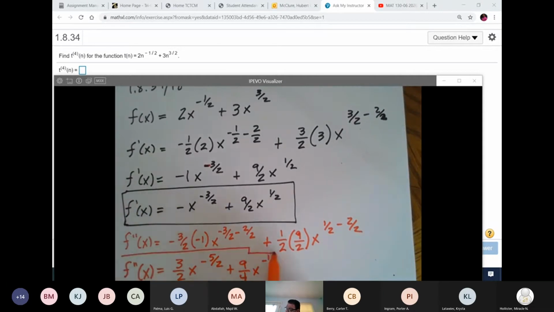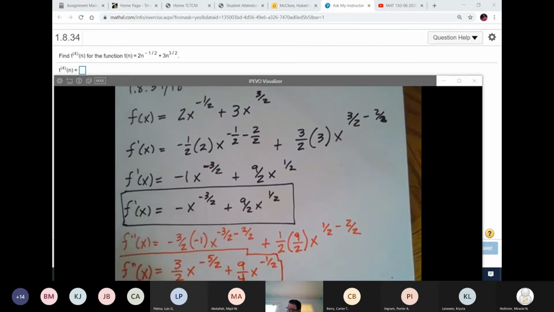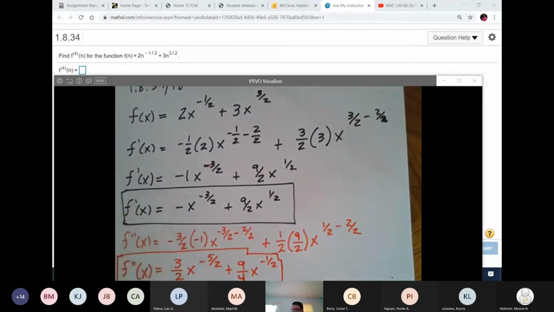Now, as I said, I'm going to keep everything as far as negative exponents, because in the last couple of questions we've done, they've pretty much left everything as far as negative exponents.